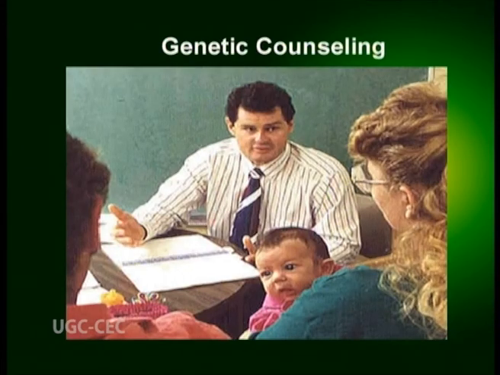Some can be transmitted from one generation to another generation. So, those can be evaluated and assessed in the prenatal stage, then we can provide counseling to the family to avoid such abnormality in the coming generation.